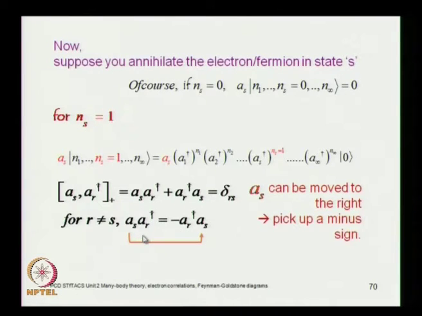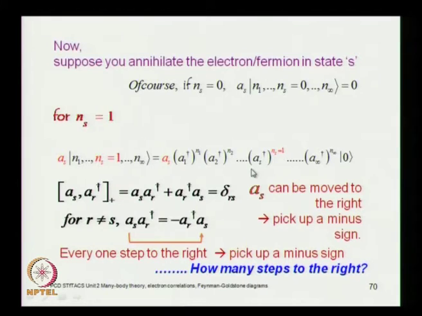So this is what happens, that every time A_S is moved to the right of a creation operator, you get a minus sign every time, okay. So how many times do you have to move it to the right is the question. That is what it boils down to, that you have to move this A_S operator to the right all the way up to here, but then again you have to also move it beyond this creation operator, mind you. So let us first move it up to here.